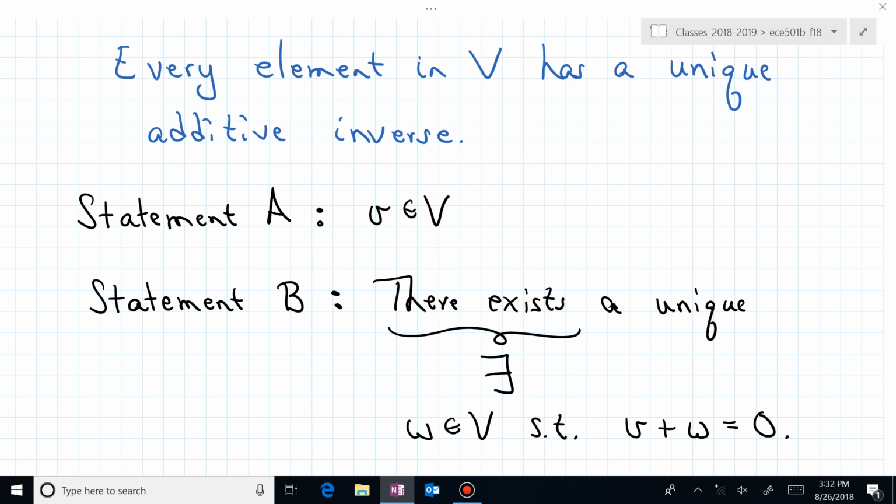So we're trying to find a unique W such that V plus W is equal to 0.